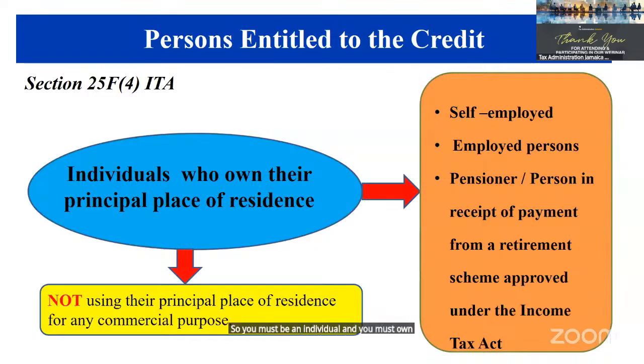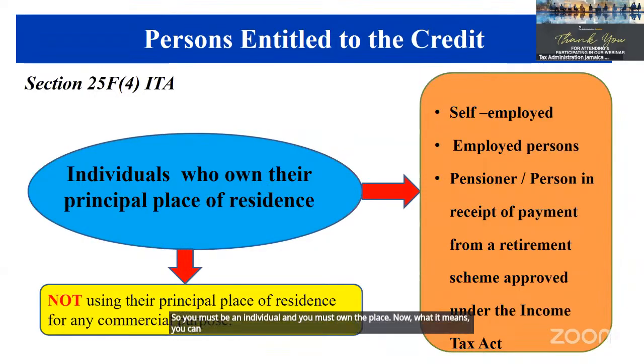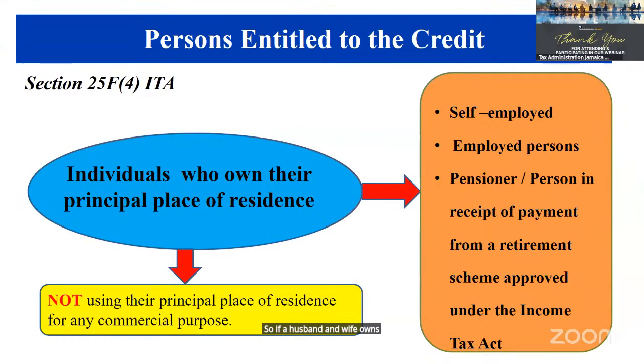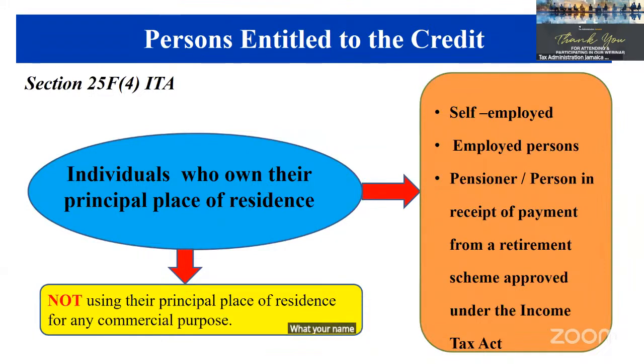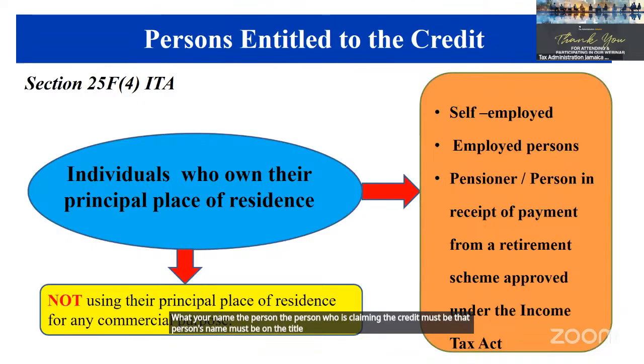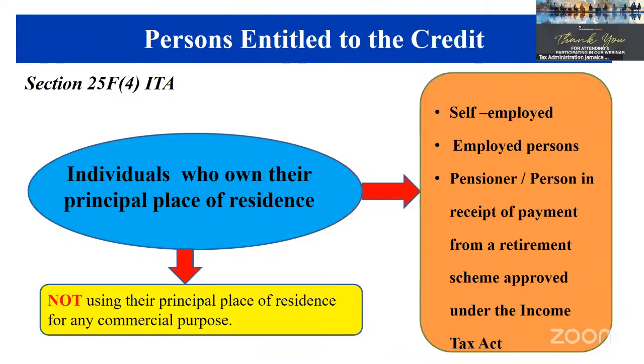You can be a co-owner. So if a husband and wife own the premises, then either of the two may claim this credit. But the person who is claiming the credit, that person's name must be on the title, right? And so we say individuals.